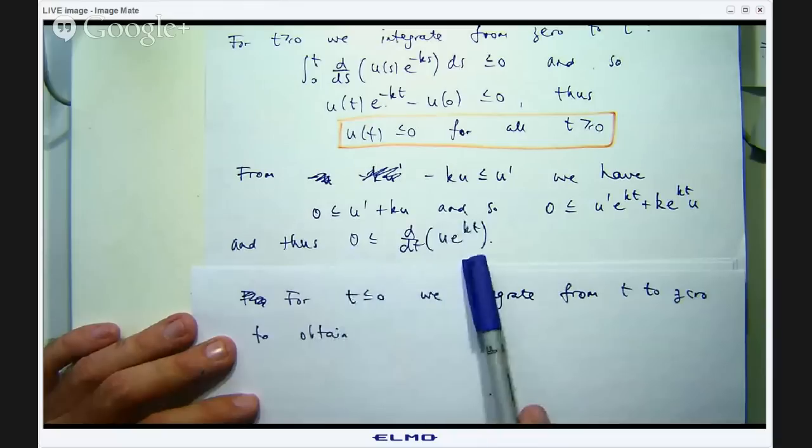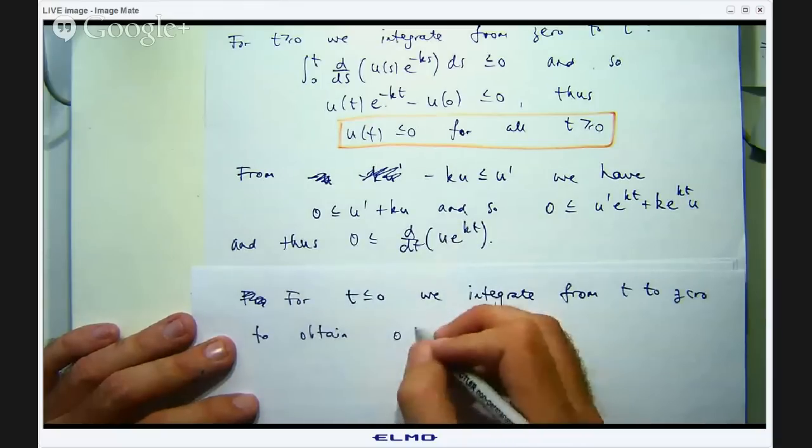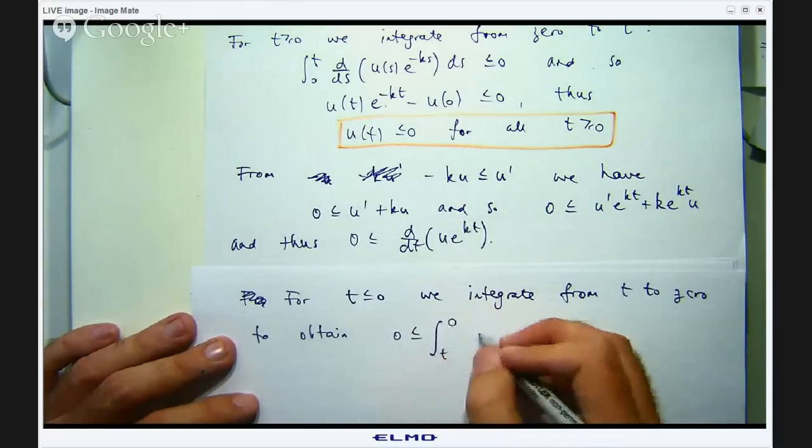Okay, so you integrate both sides of this from t to 0.